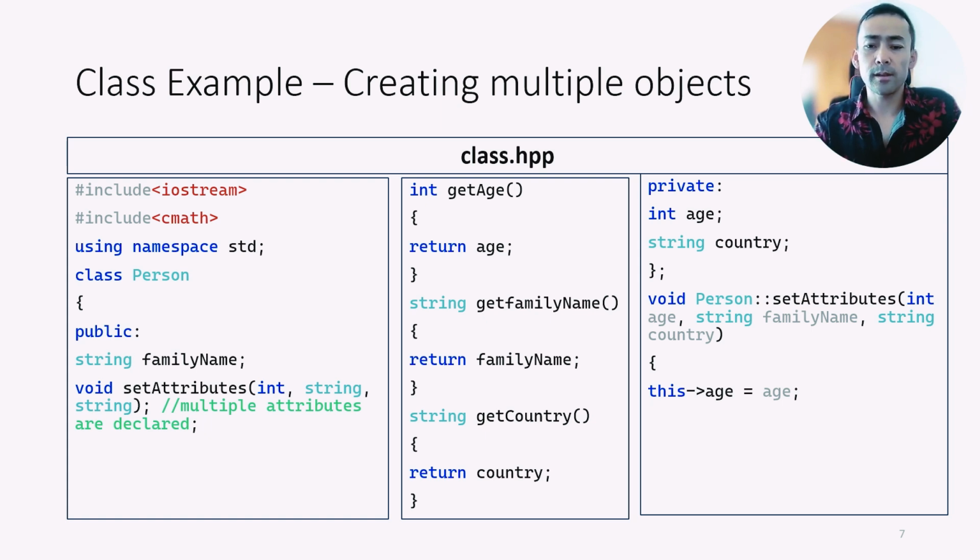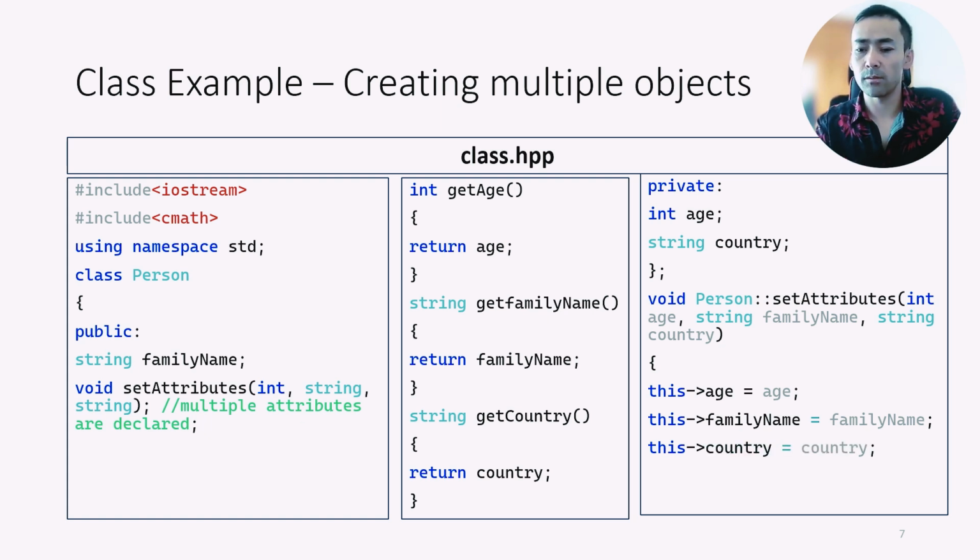And using the this keyword, we can define the age equals to age, family name to family name, and country equals to country. This is how we shorten the long previous example to a bit shorter version of it.